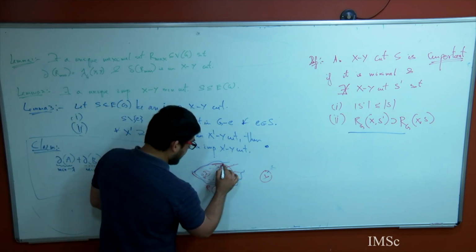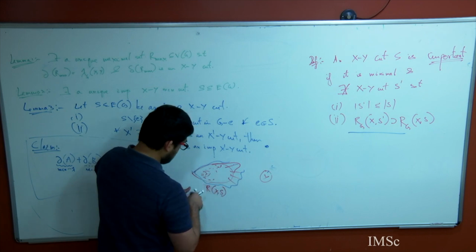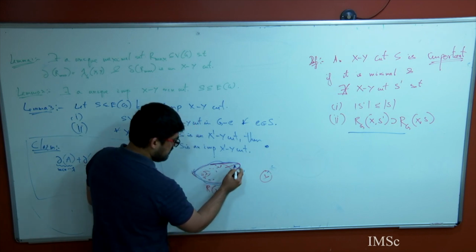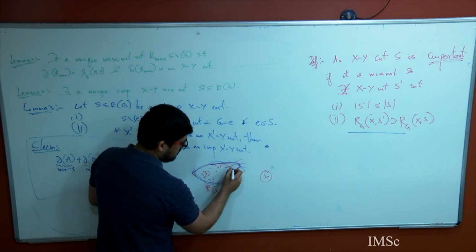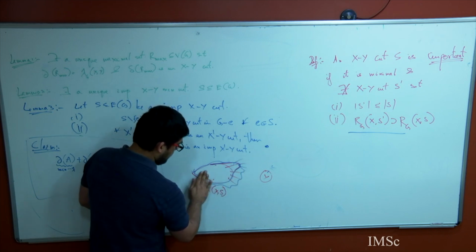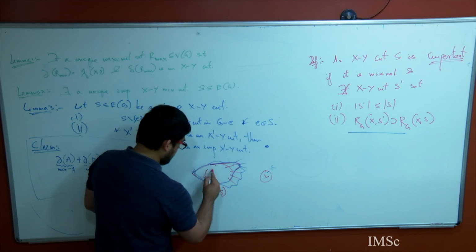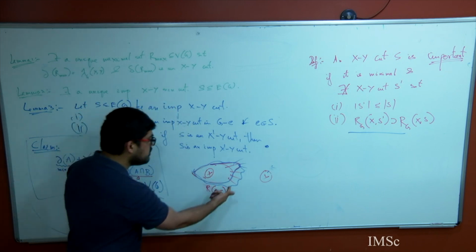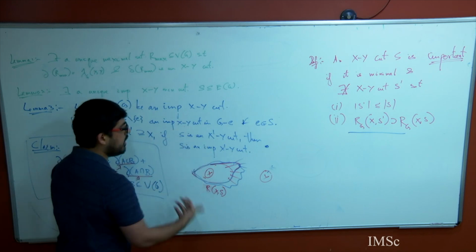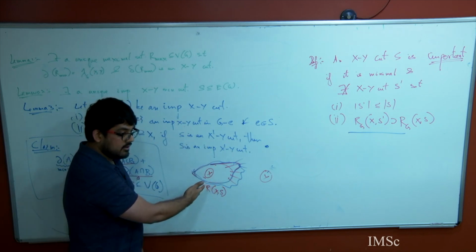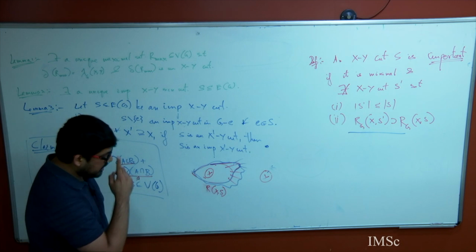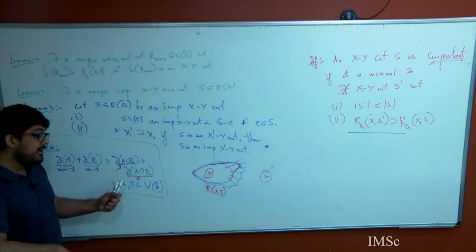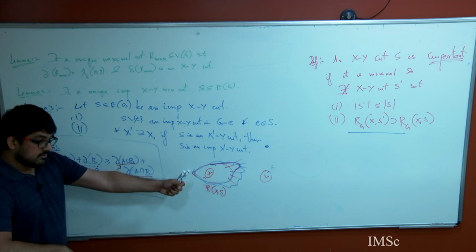Okay, fine. So this is my X prime. Let me use a different color. Something like this. So that's whatever goes out of here. Yes, so S is now not minimal, but S is also no longer an X prime-Y cut already. So look at my new X prime. It should still be an X prime-Y cut.